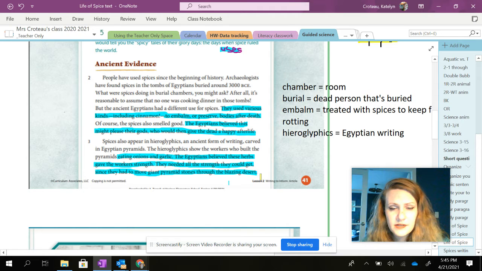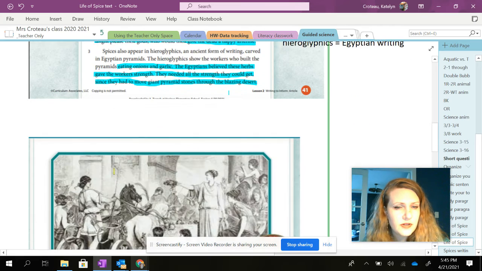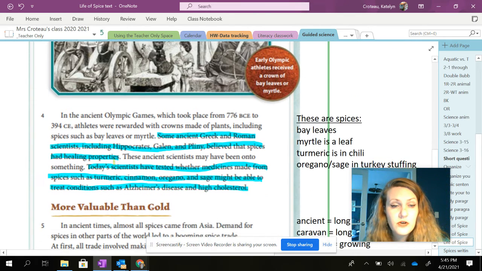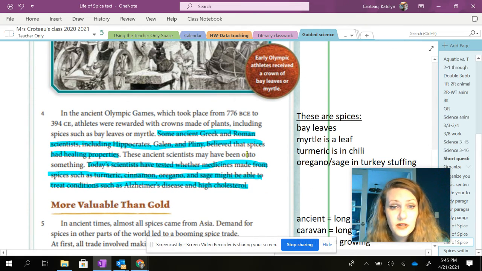So I'm guessing that some of the time that the pyramids were made, it was either probably by slaves or it could be business owners, but it's not telling us directly enough here. And also it has nothing to really do with spices, just that they were eating them. Well, they made the pyramids. So I don't really think that one's relevant. So we're going to move on. So far, I don't actually have anything marked with yellow, and that's okay.